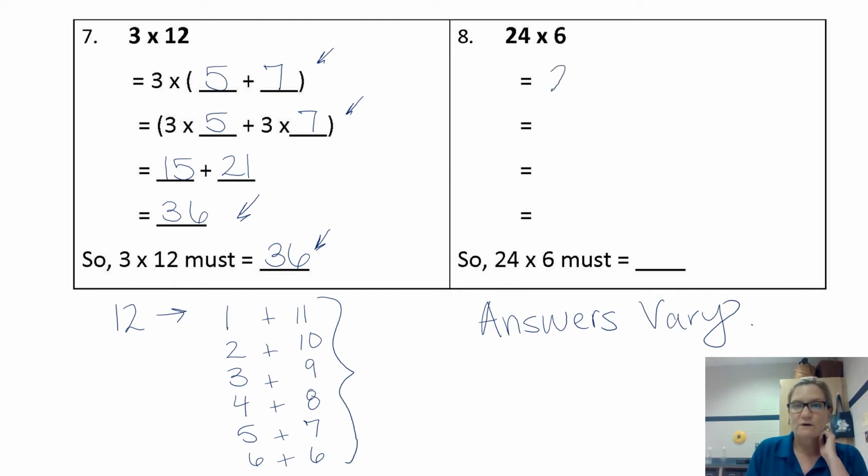So I might give you more than one correct answer on this one. I could have 24, and I could have 2 plus 4. Then this would be 24 times 2 plus 24 times 4.